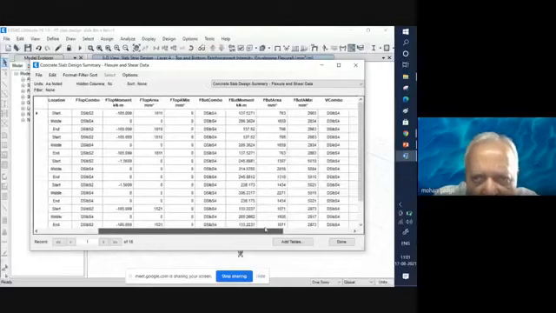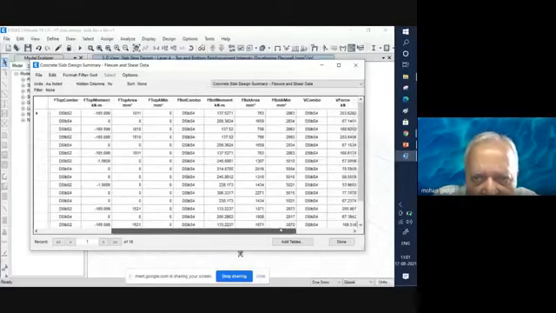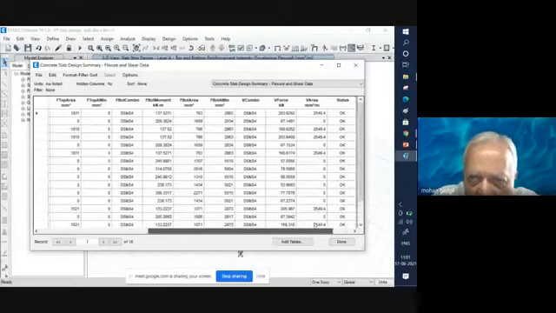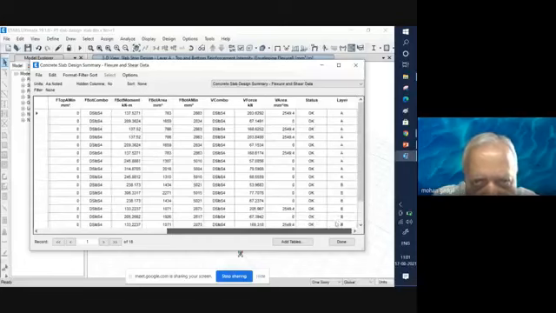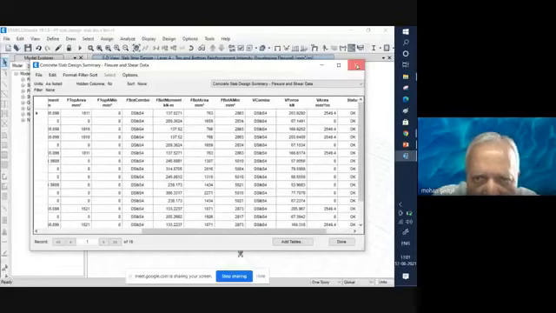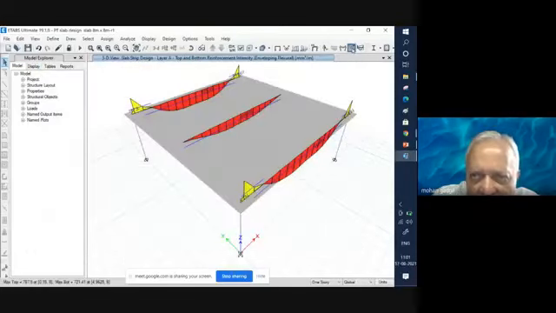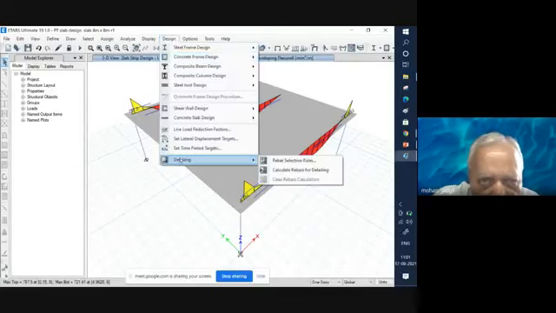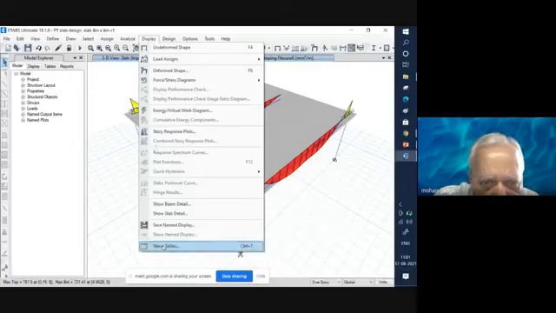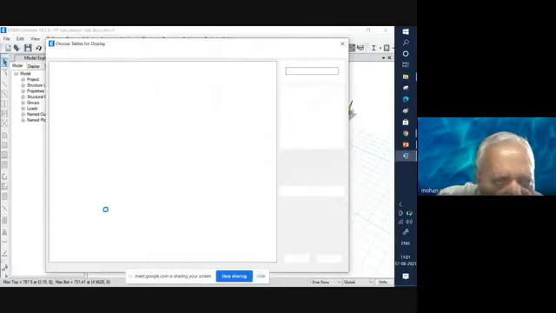Then you have the area of reinforcement available, and so on and so forth. So the entire data is available in tabulated form. Further, you can see that the stresses are also available in the design table itself. So you can see these analysis results.